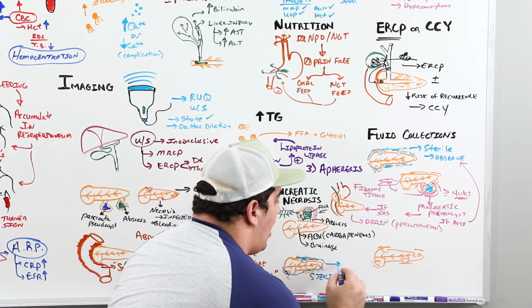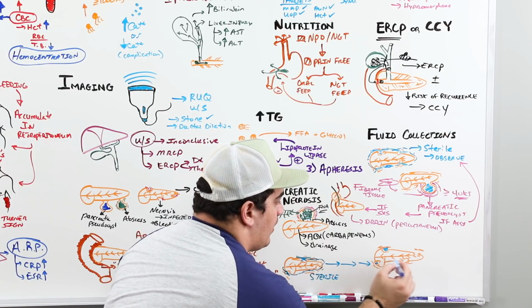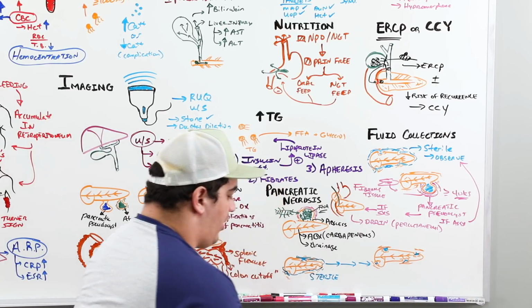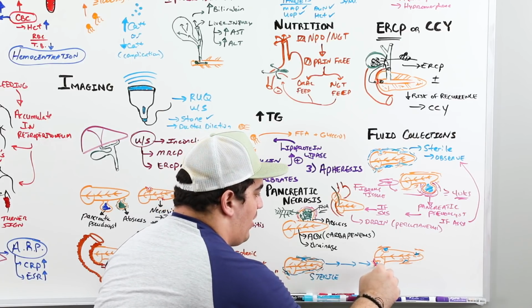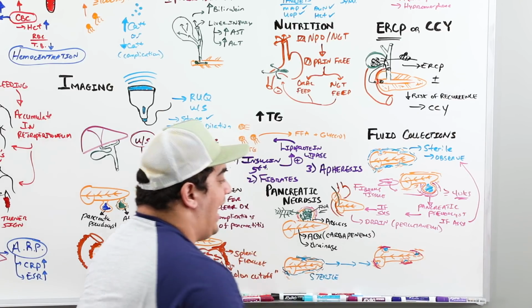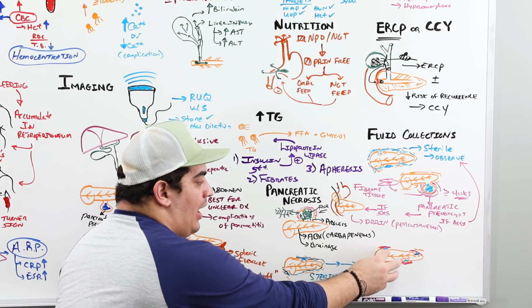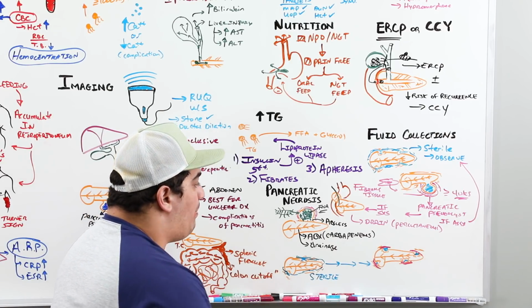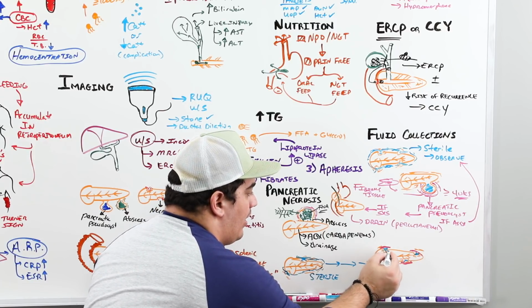If over time, these fluid collections start getting walled off, so maybe you start getting some fibrous tissue around that area that starts walling off these fluid collections. And then on top of that, not only do you have the necrosis with the fluid collections and the fibrosis, but now bacteria start invading into that necrotic area.